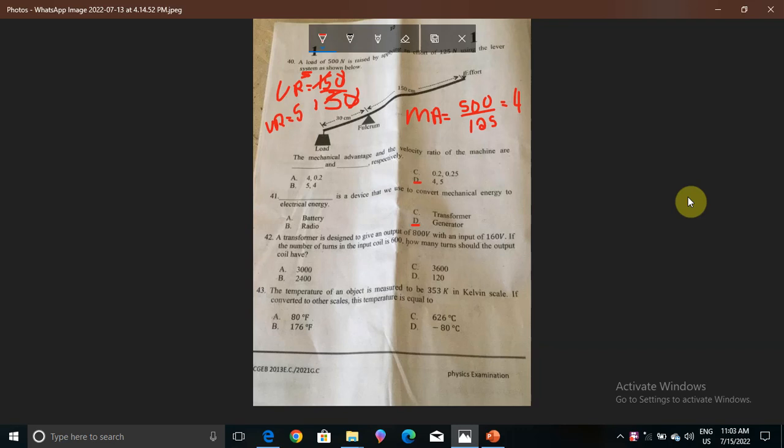Now what we will do, the formula for output coil and input coil. Here I will make it down here.